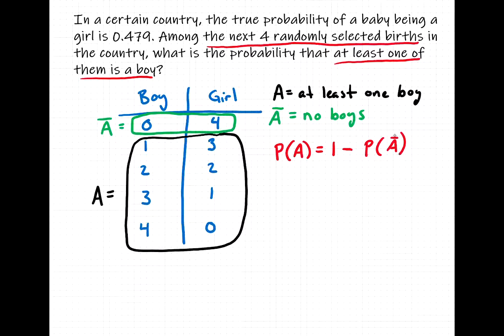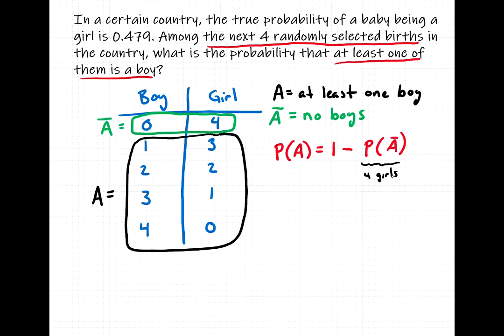So let's calculate the probability of the complement of event A. This right here would be 4 girls, 0 boys.